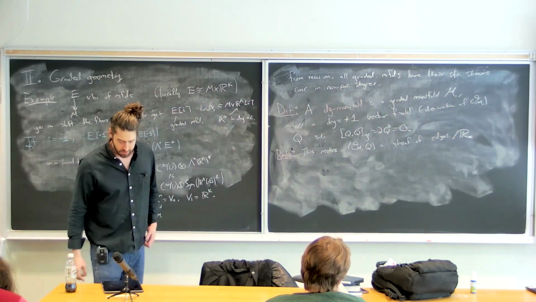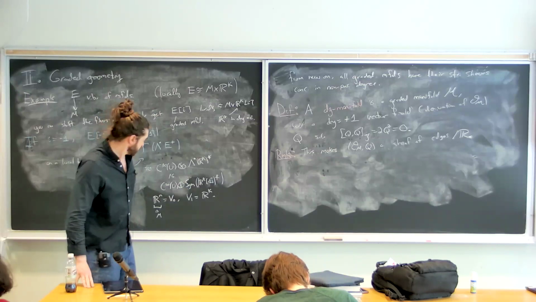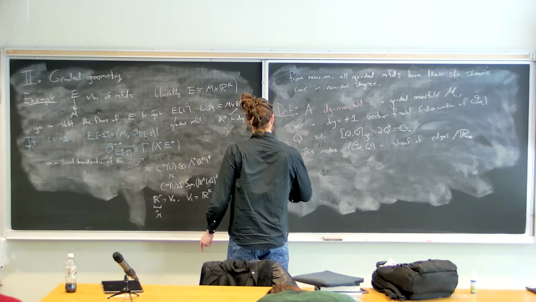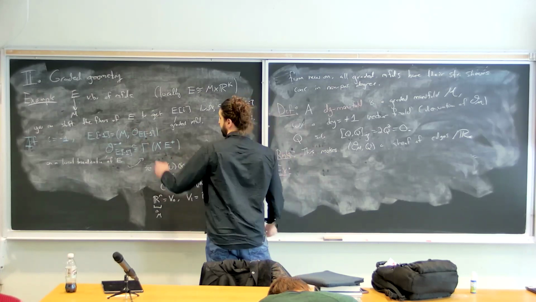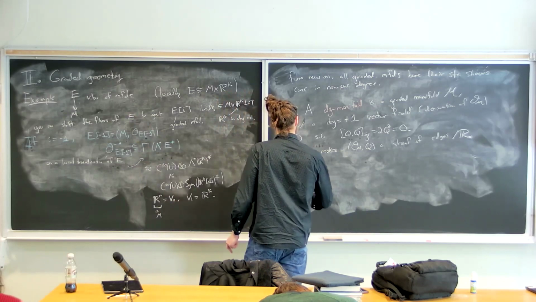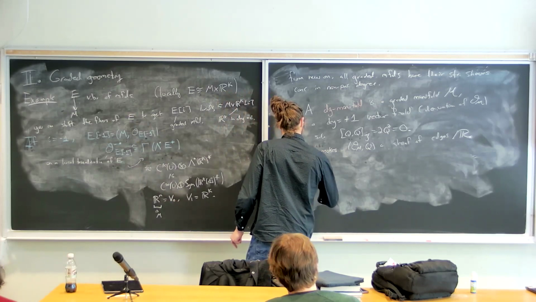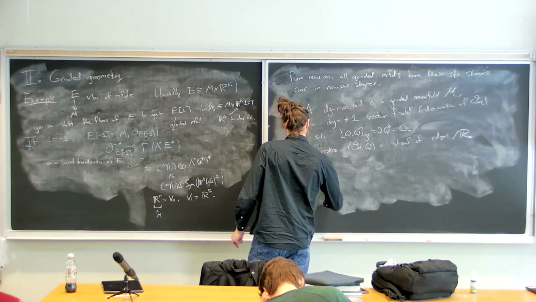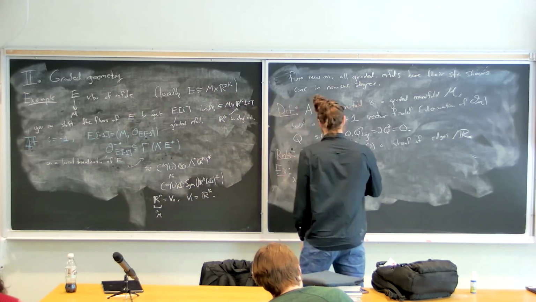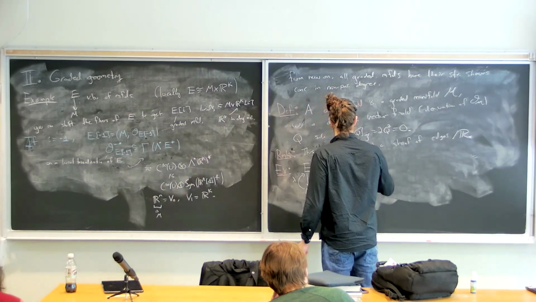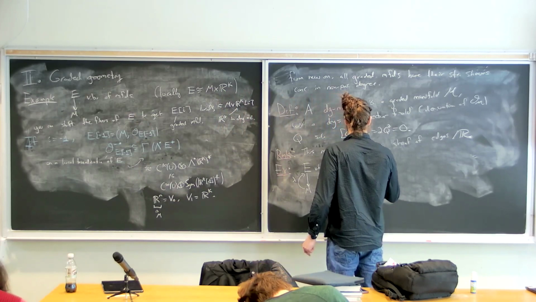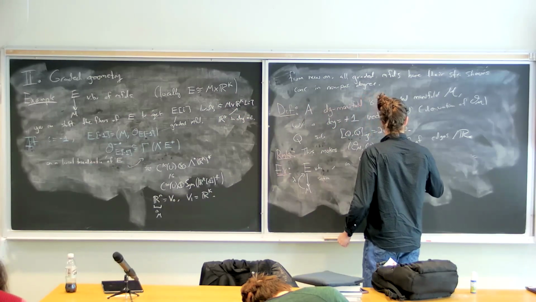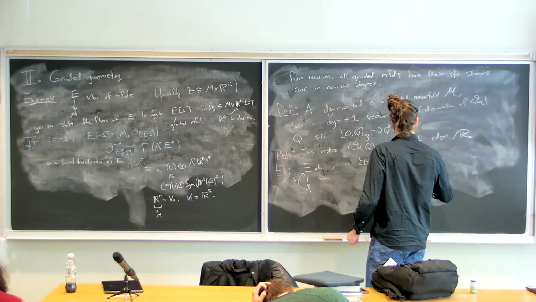So let me give you one example of that. I'm going to work off this example here. Suppose I have a vector bundle over an ordinary manifold, and I'm given a section lambda. On E shifted by minus 1, let Q be insertion with respect to lambda.